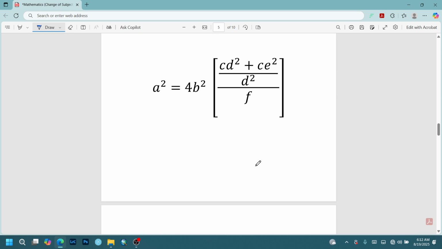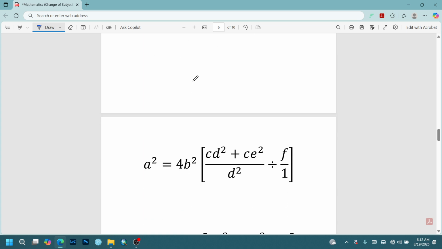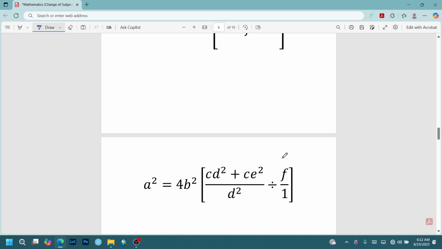So in simplifying further, based on our equation, we have a² = 4b² multiplying the fraction (cd² + ce²)/d² divided by f. So we simplify: a² = 4b² multiplying the fraction (cd² + ce²)/d² divided by f/1.